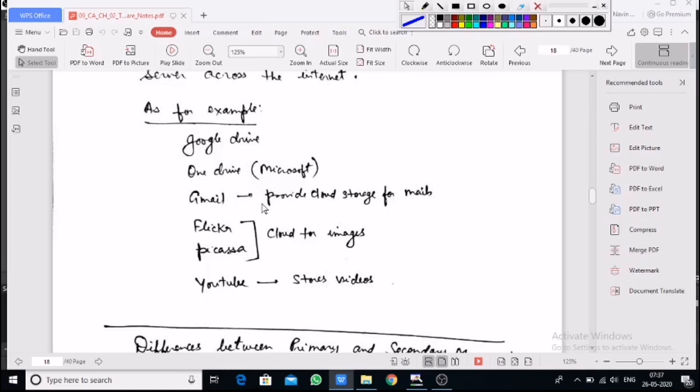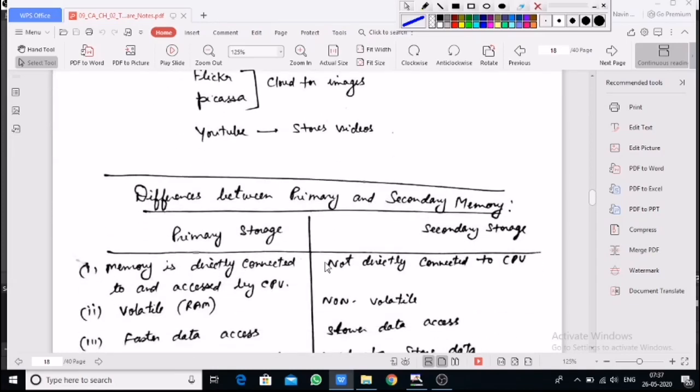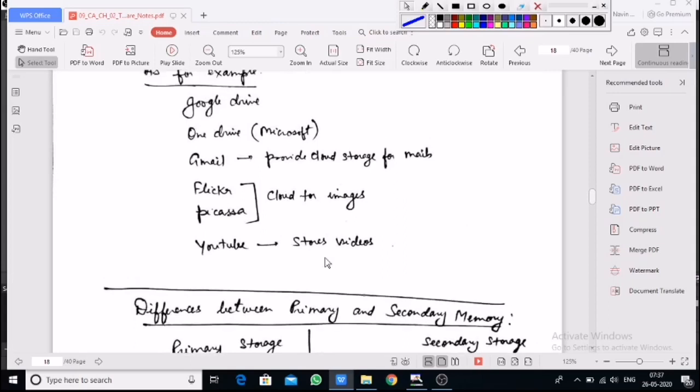Picasa also works as cloud storage. YouTube is also like cloud storage, when we store our video, right? So that also works as cloud storage. Think like that only. So that's it. These were secondary storage media where we can store our data permanently.